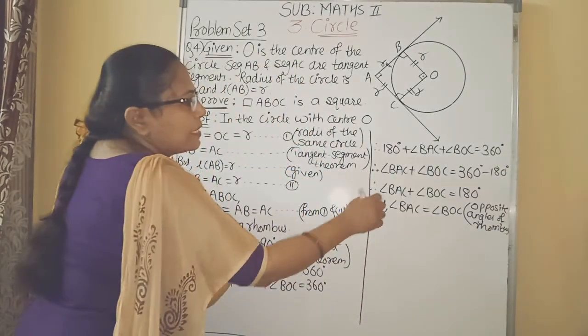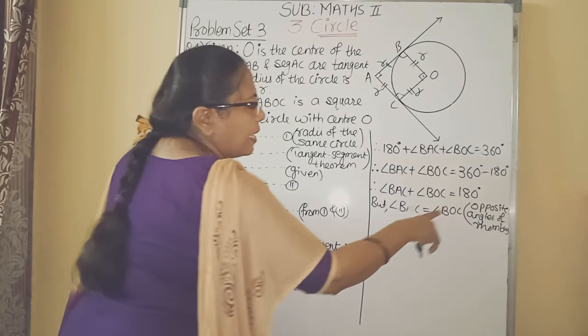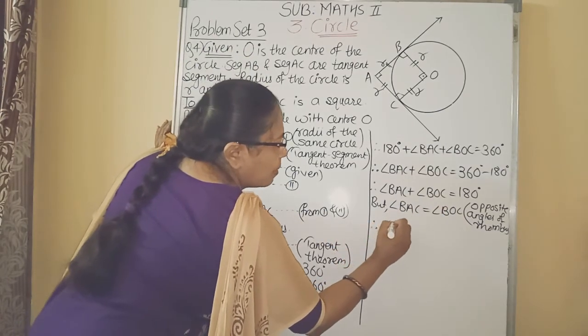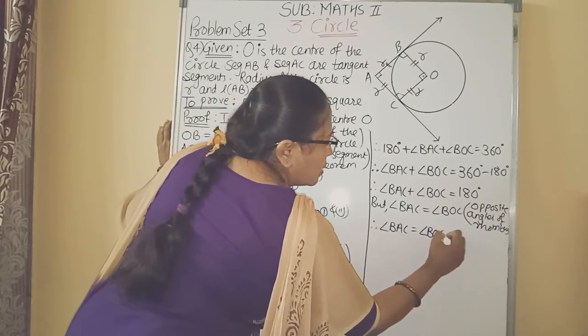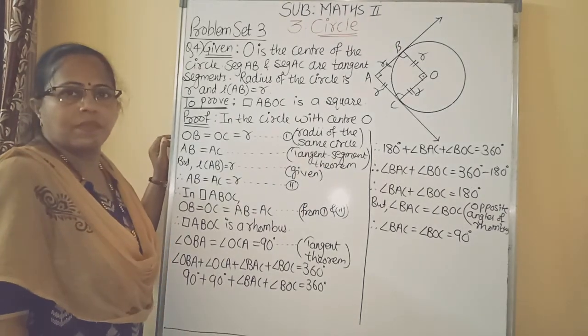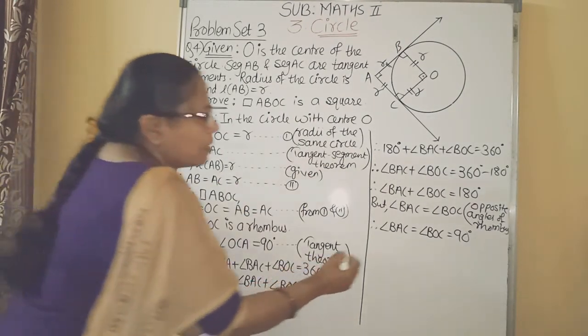See, the sum of the measure of these two angles is 180 degrees, but both are equal. Therefore, angle BAC is equal to angle BOC is equal to 90 degrees. Okay, half of 180 is 90 degrees.